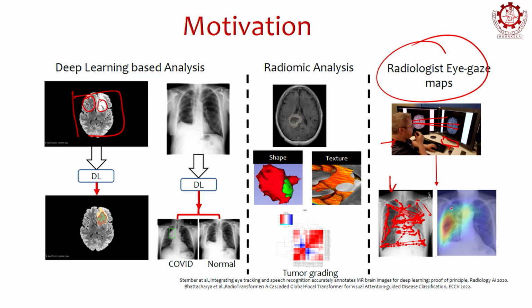But when we convert it to a heat map, and this is just representative, you see that most of the radiologist's attention was focused on this region, which means that is where they spent the most time to make a decision. This kind of information is not something we traditionally collect, and it can provide valuable information for model training. That's something we wanted to use in this particular project.